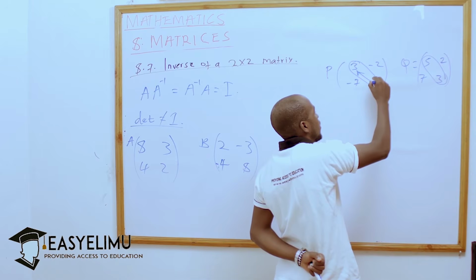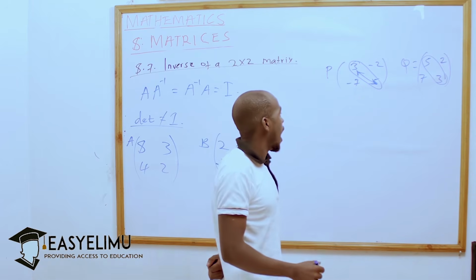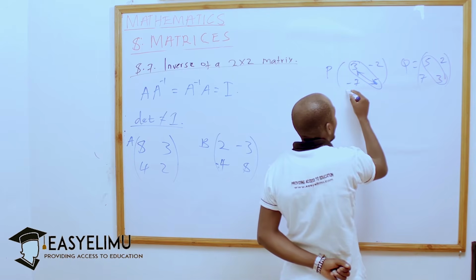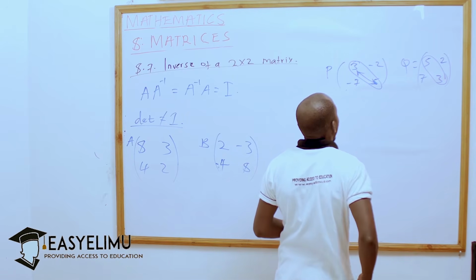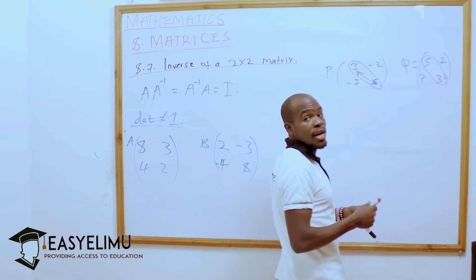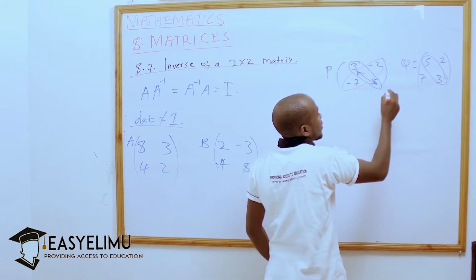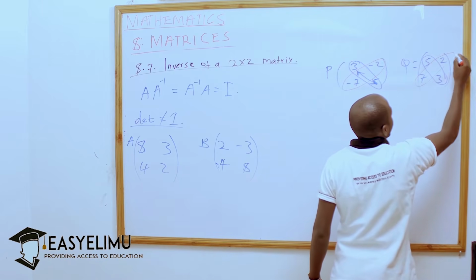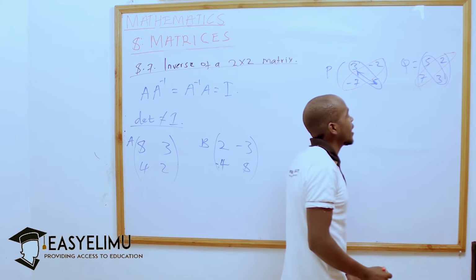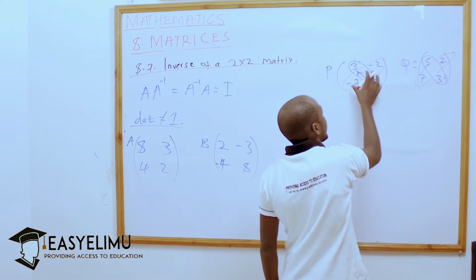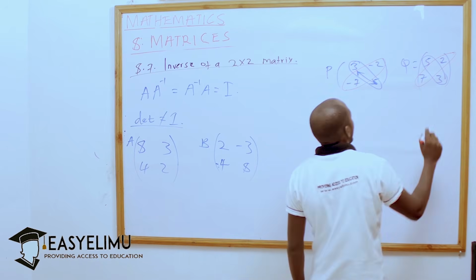In finding the inverse, the elements in the leading diagonal are interchanged. And the elements in the other diagonal are just given the opposite sign; we negate the sign. For example, if it is negative here, you negate the sign and you find it is positive.